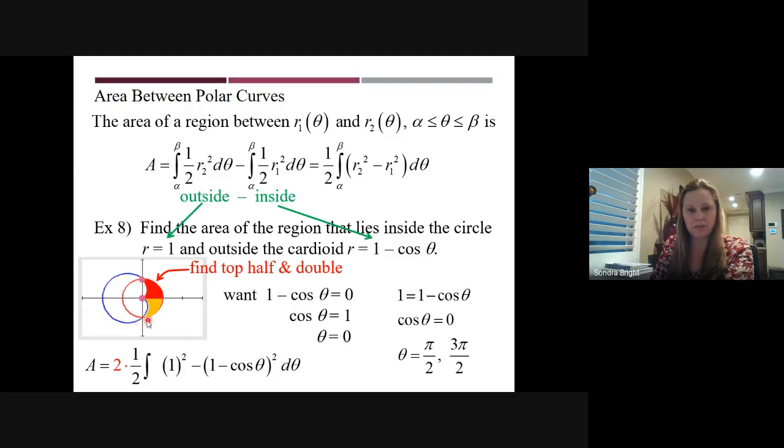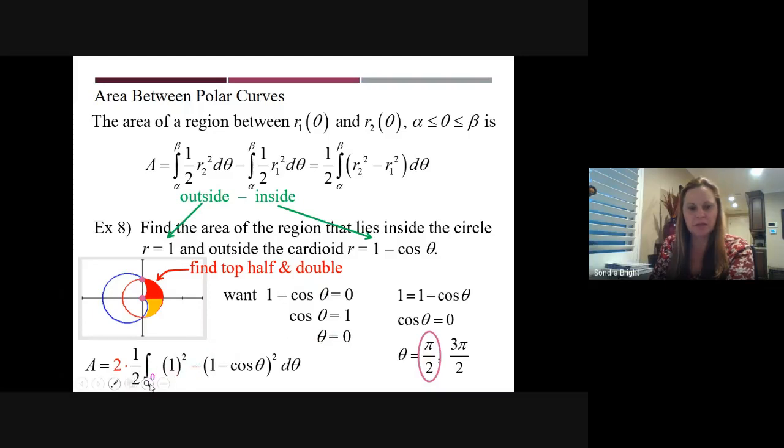That will also give you when cosine is 0. But obviously 3 pi over 2 is down here, so I'm going to use pi over 2. Those will be my limits of integration.